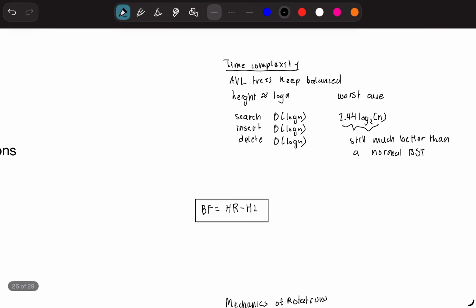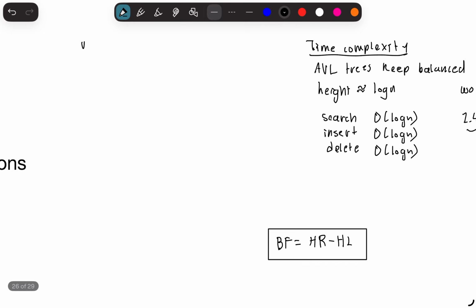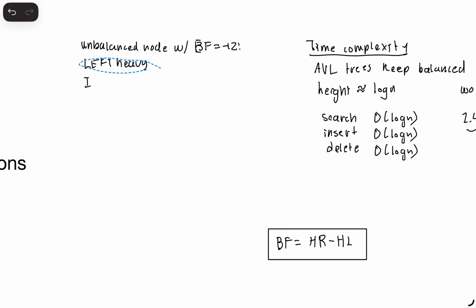Now here's a trick for you. If you have an unbalanced node with a balance factor equal to +2, that's going to be left heavy. Let's write all the things for left heavy.